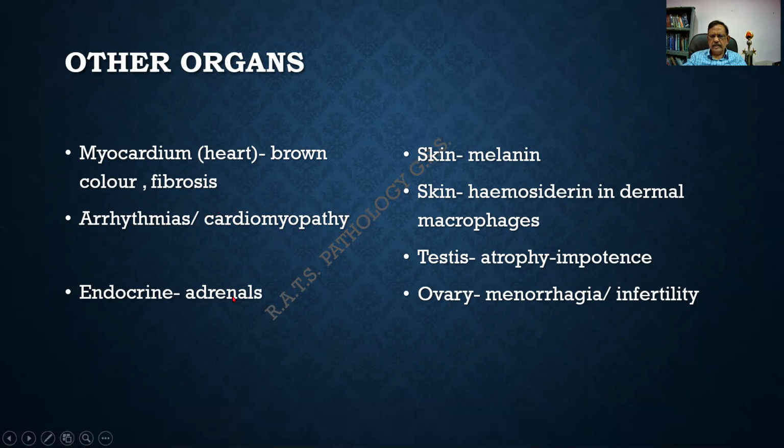Endocrine, adrenals is commonly affected. In the skin, apart from iron, there can be increase in melanin pigmentation also. Hemosiderin pigmentation is seen in the dermal macrophages. Testes and ovary, they can undergo atrophy, and this can lead to impotence or infertility.